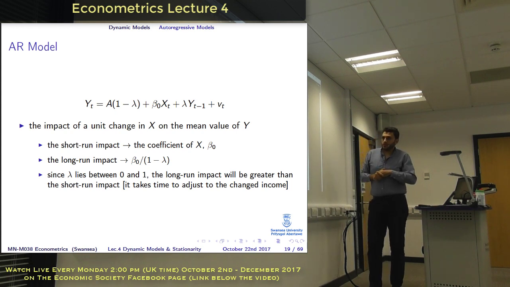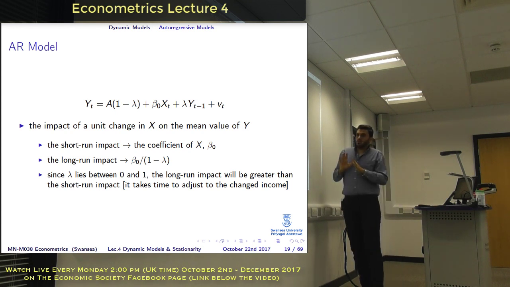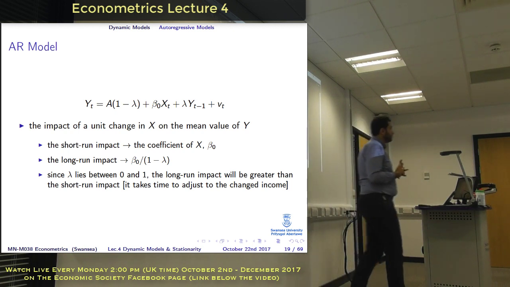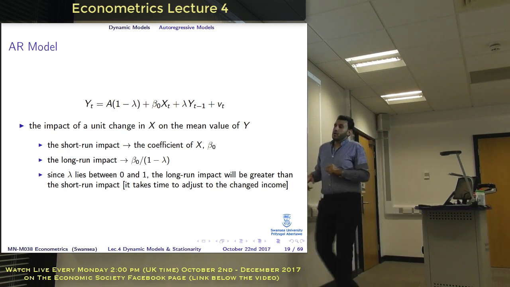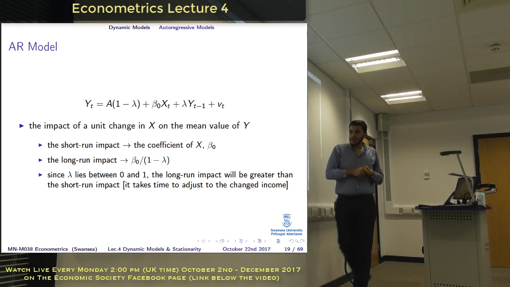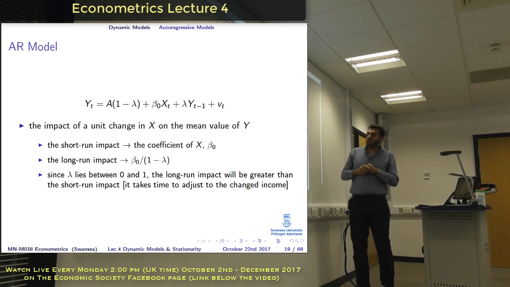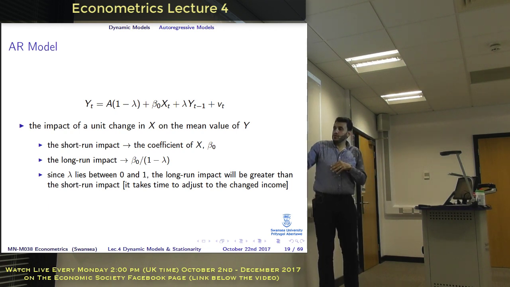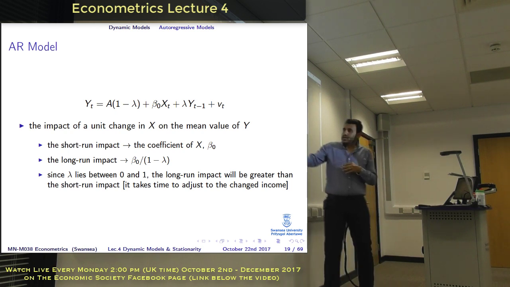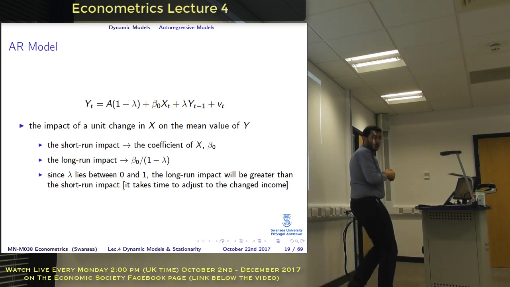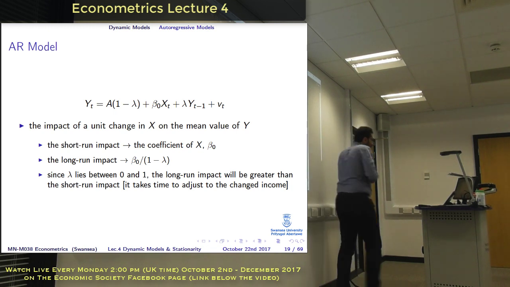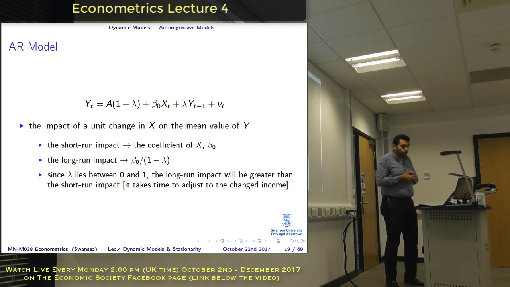This is what we assumed when we did the Koyck transformation, that lambda is between 0 and 1. That means the long run impact is greater than the short run impact. If lambda is smaller than 1, then this term will be greater than the impact in the short run.